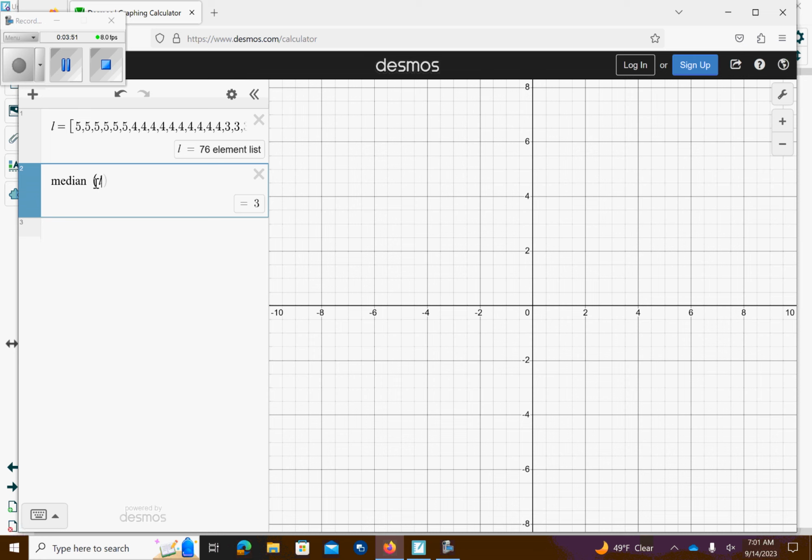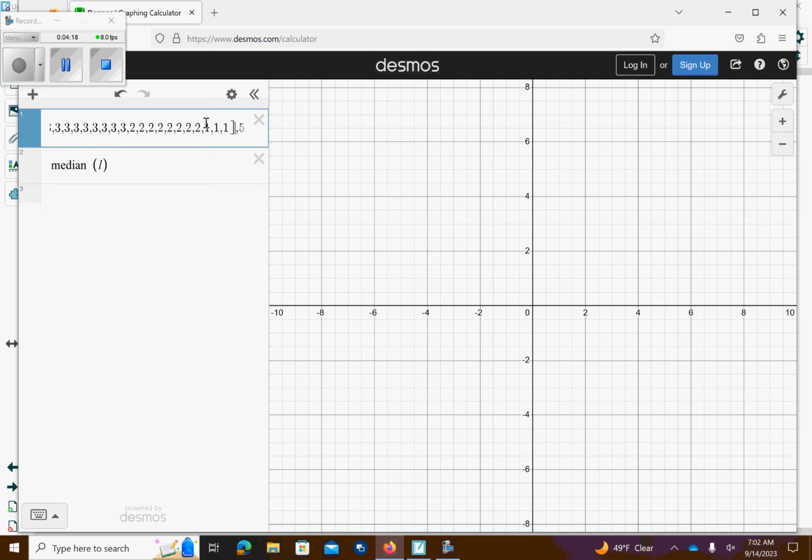Calculate the mean score in both schools. All right, so what I'm going to do here is get rid of some of these scores. We have 3 ones that I need to get to. I'll see if I can copy this.